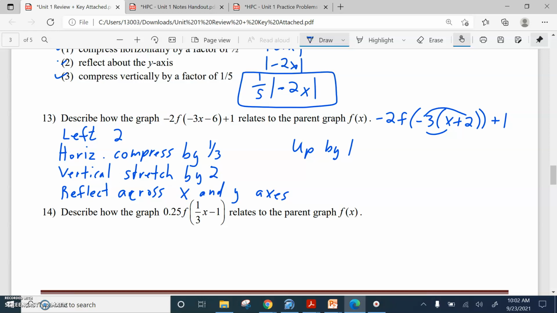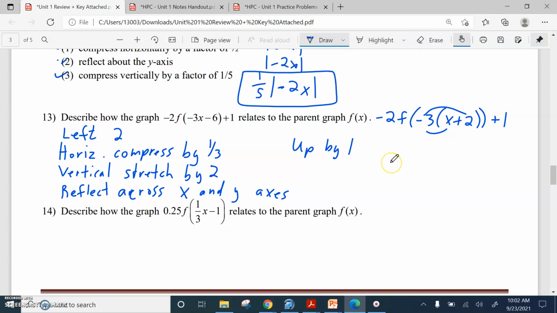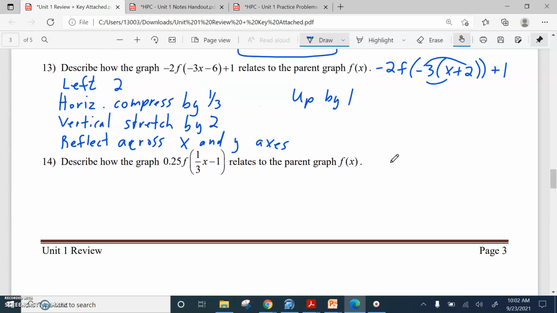Again, make sure you get that x by itself inside the parentheses like that first. Moving on, 14, last one here. We have to rewrite this one. This one's a good one. So 1/4, I'm just going to rewrite it that way so I can save some room. F of 1/3 x minus. Now, how do we get that to work so that we get a 1 in the end?